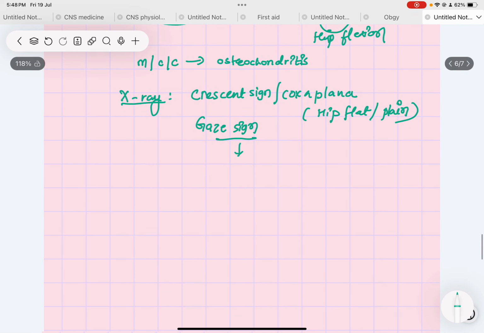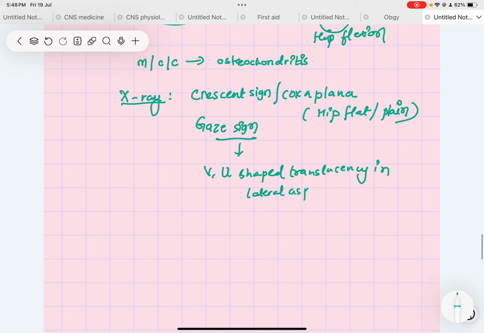What is a gaze sign? V or U-shaped translucency in the lateral aspect of the head of femur.